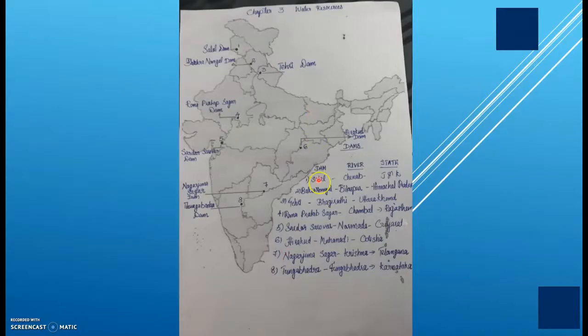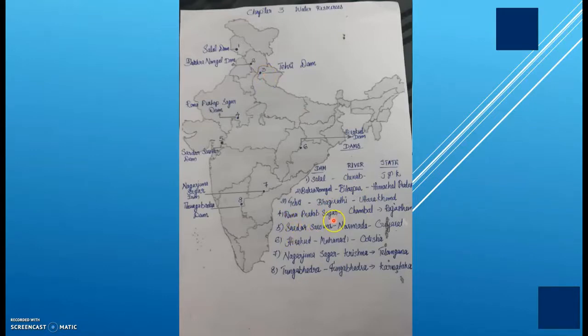So children, for better understanding, Salal Dam on river Chenab in Jammu and Kashmir. So mark here. Then Bhakra Nangal Dam is on the Sutlej River in Bilaspur in Himachal Pradesh. Mark here. Then Tehri on Bhagirathi River in Uttarakhand here.